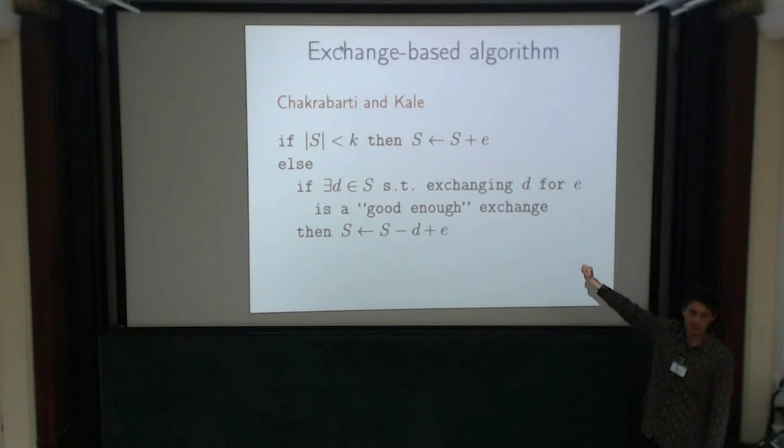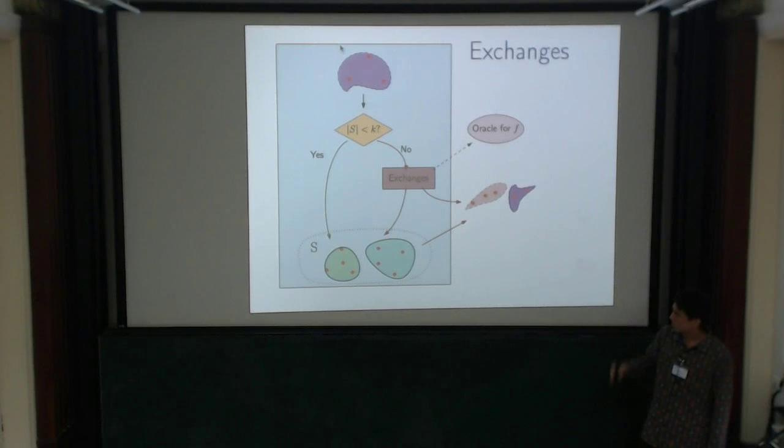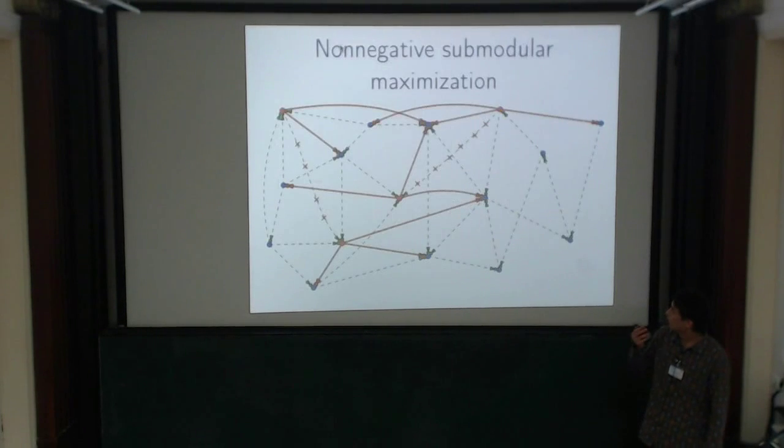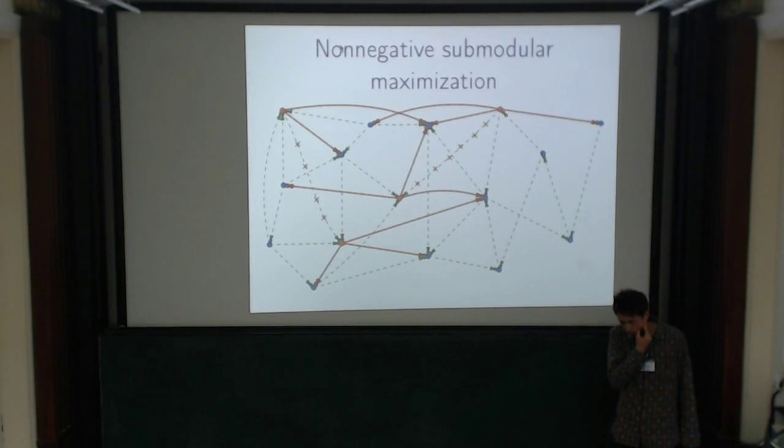And the crux of their algorithm and analysis really lies in what is the accounting necessary to determine good enough to pull out that approximation ratio. So a flowchart for this, in contrast, it's all about the exchanges on the right. Okay, so I won't go into exactly how they determine good enough, but we'll see a different measure soon enough anyway. Okay, all right, so those were the two main monotone streaming algorithms that we base our work on.